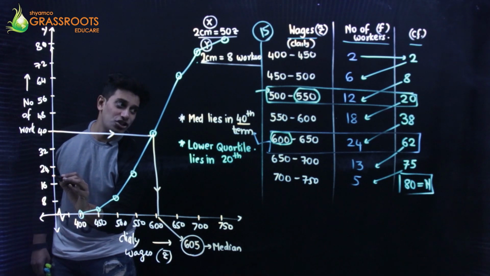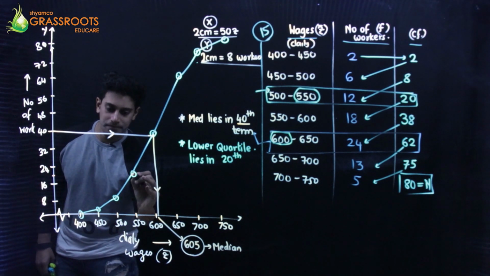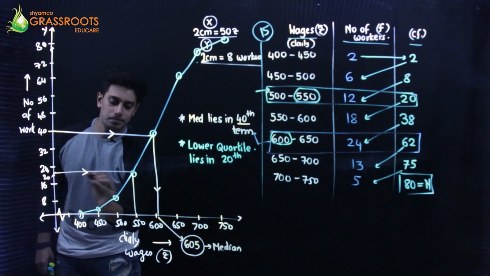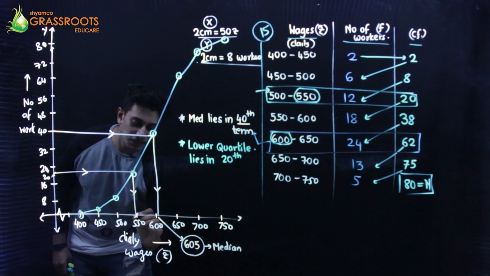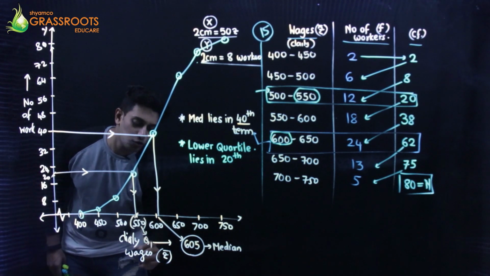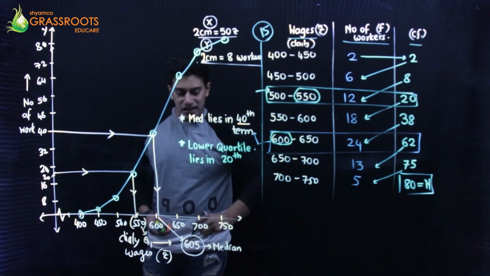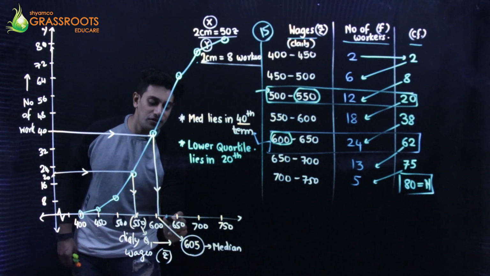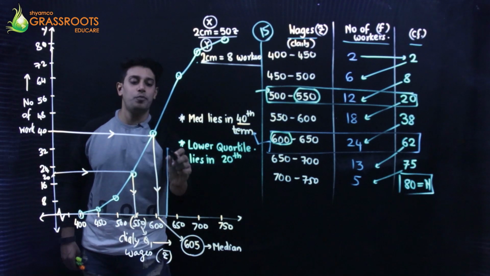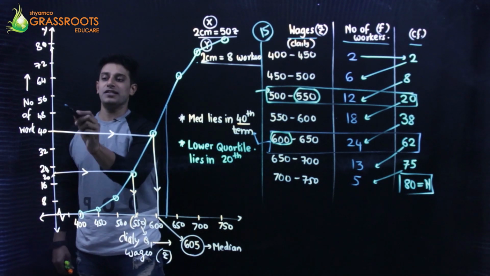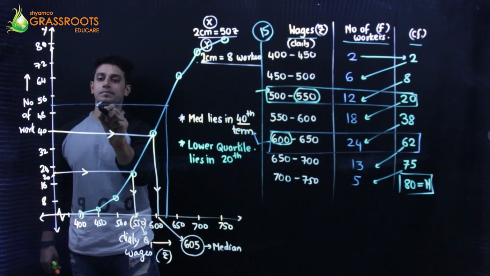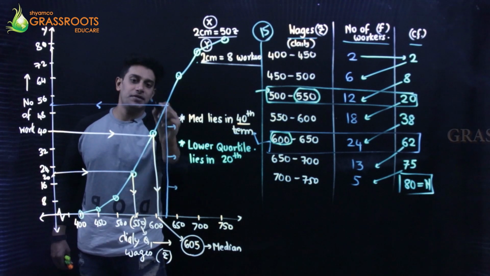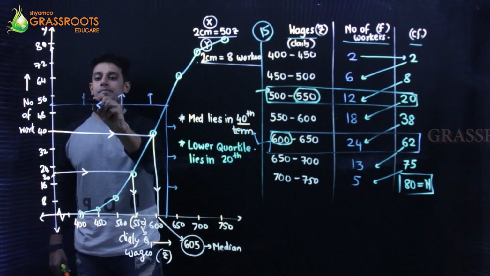Second, 20th is going to be sharp at 550. So 550 is the answer of your Q1, lower quartile. They're asking the number of workers who earn more than 625 per day. So from here, you trace the 625 upwards, more than that, that goes outwards and upwards.